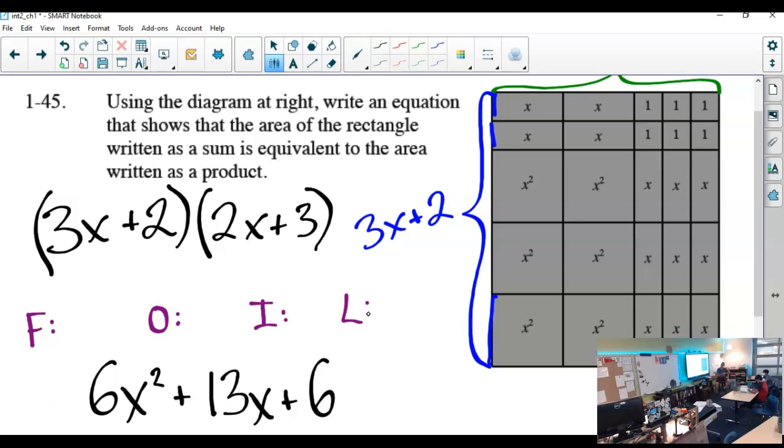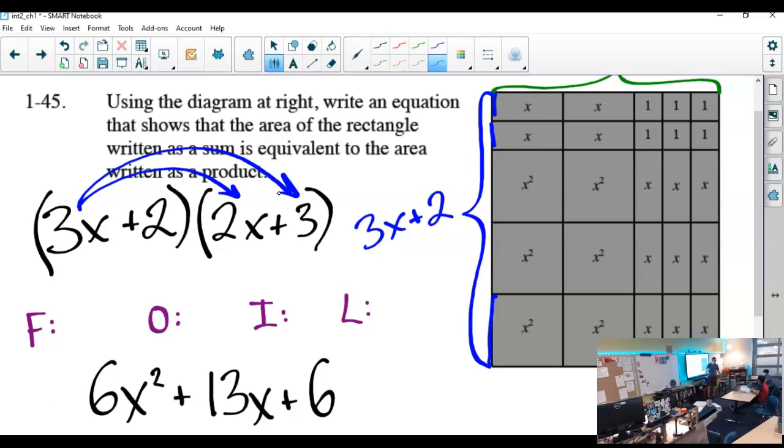What this really is, is double distribution. Your 3x, and I'm going to color code this, your 3x is going to need to distribute to the 2x and to the 3, and that's going to be your firsts and your outside, right?